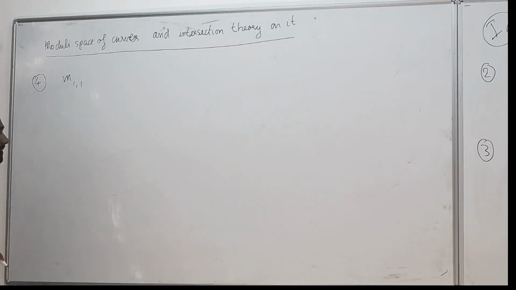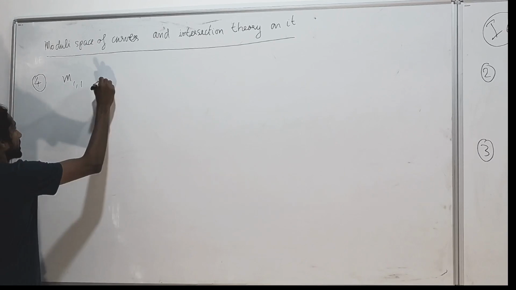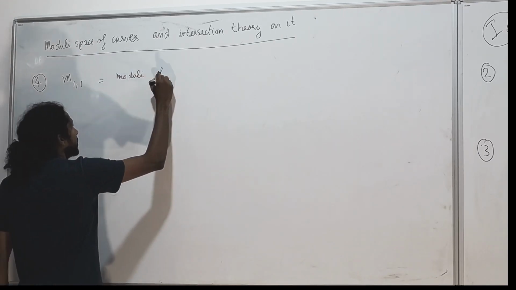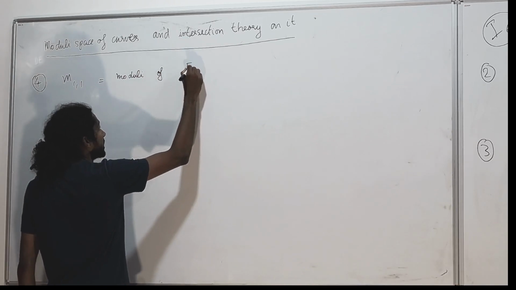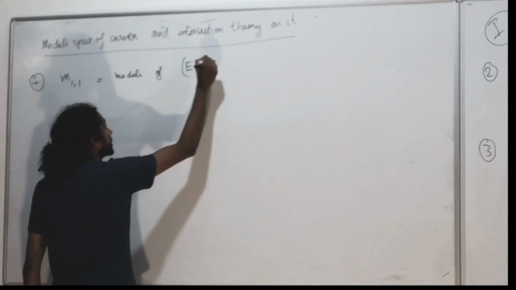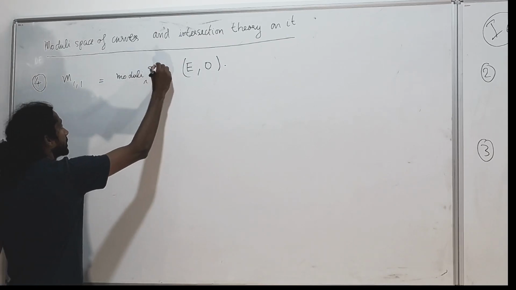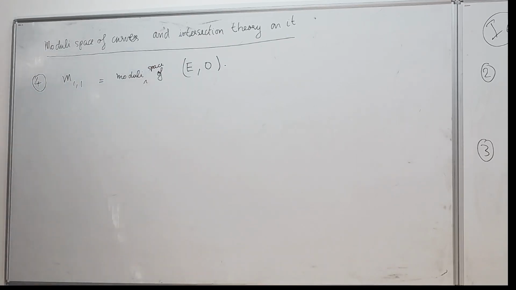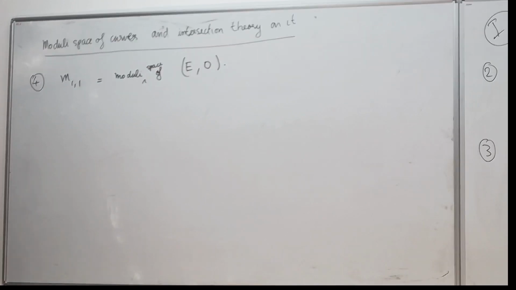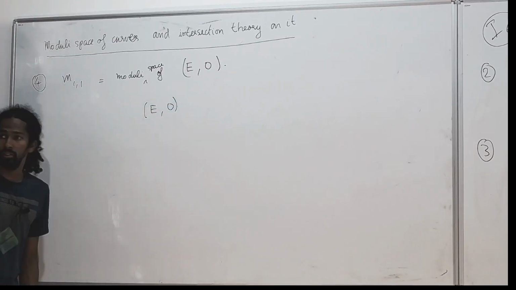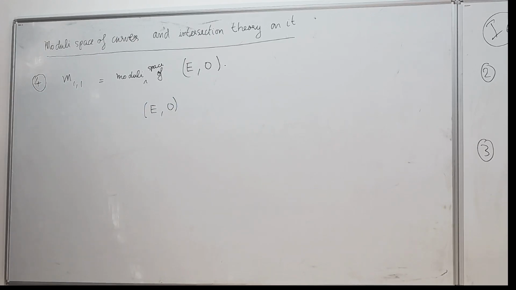Okay. So what is this? This is the moduli of elliptic curves, but with a fixed point. Well, an elliptic curve you can also think of as just a complex torus, and you can think about it as complex structures on the torus.